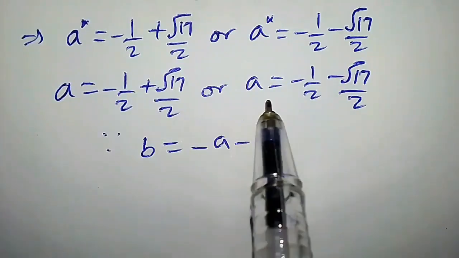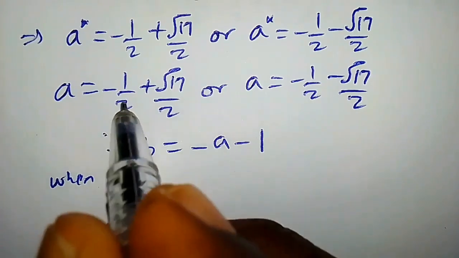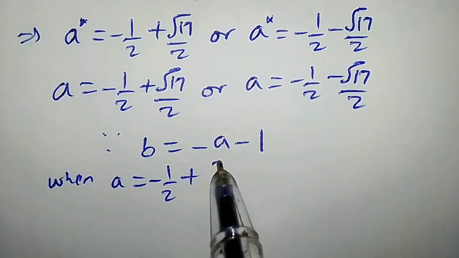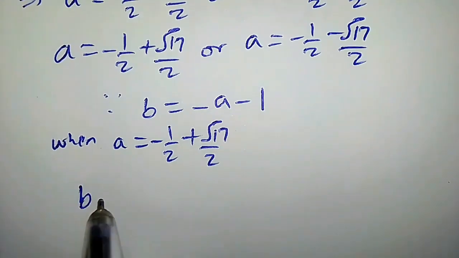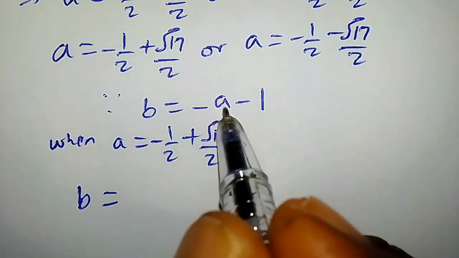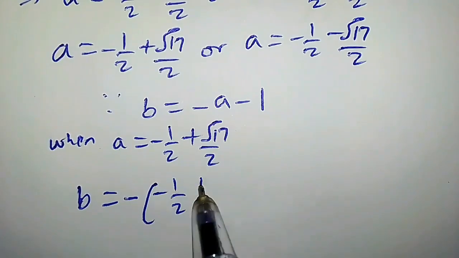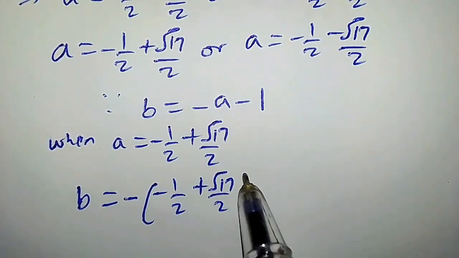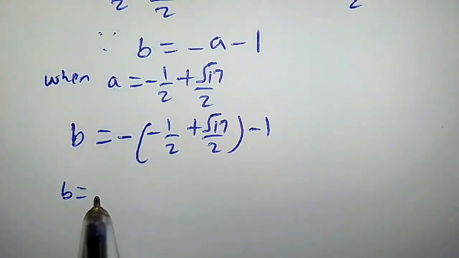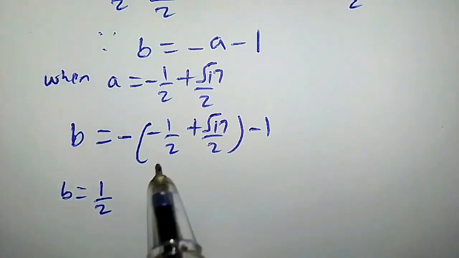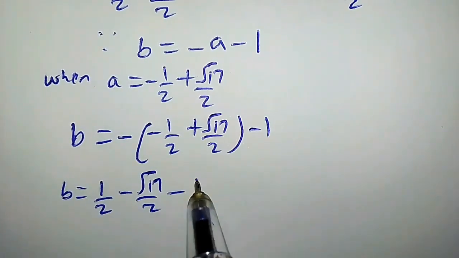We will now consider each of these when A is equal to minus 1 over 2 plus square root of 17 over 2. What will now be the value of B? Plugging the value of A into this, we have minus into minus 1 over 2 plus square root of 17 over 2, minus 1. B equal to minus times minus half, that is 1 over 2, minus times plus, that is minus square root of 17 over 2, minus 1.